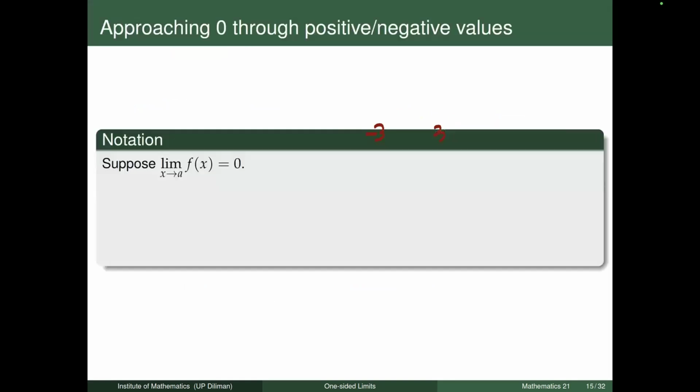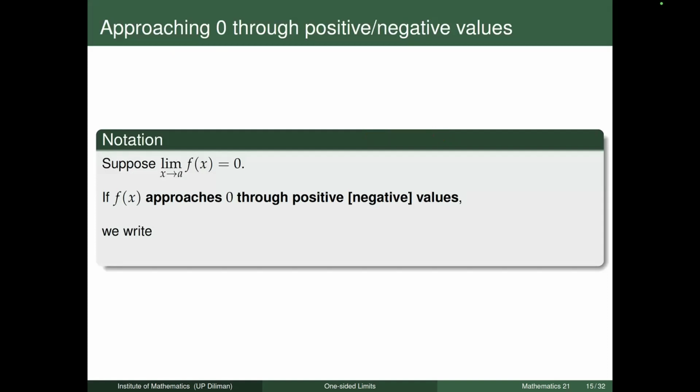So what can we conclude? Suppose that the limit of f of x is 0 as x approaches a. If f of x approaches 0 through positive values, we write f of x approaches 0 superscript plus. That is our notation.